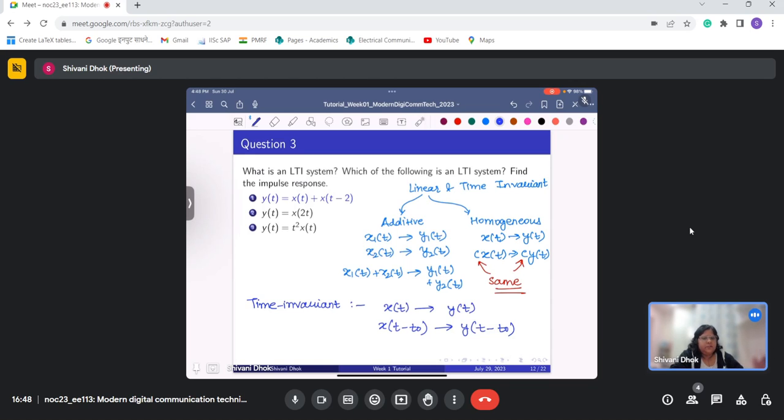Now if my system is additive, homogeneous and time invariant, then that system is known as a linear and time invariant system. This system is interesting because the entire system can be characterized by its impulse response.